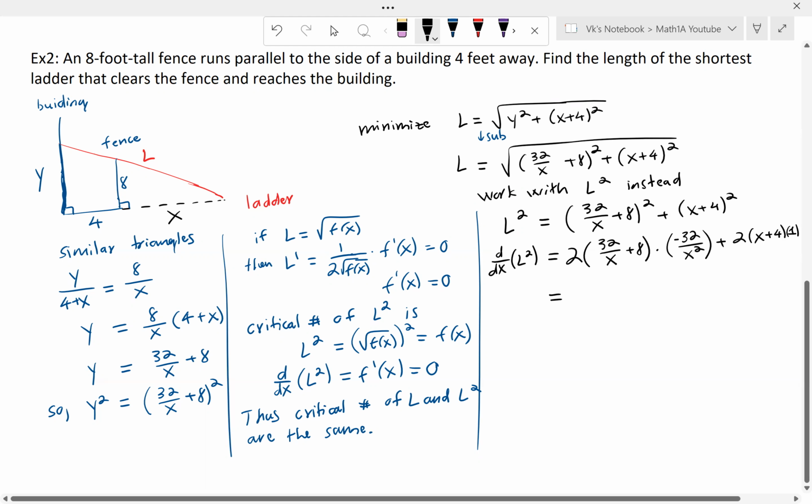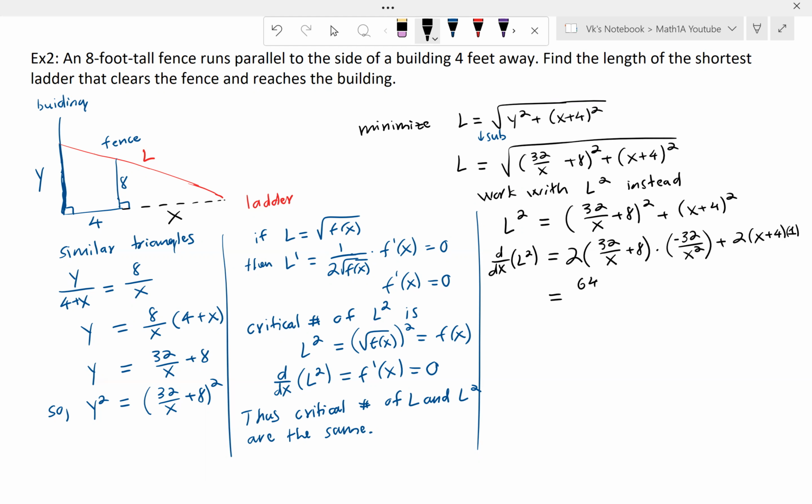From here, we have 64 over x plus 16, multiplied by negative 32 over x squared, plus 2x plus 8.